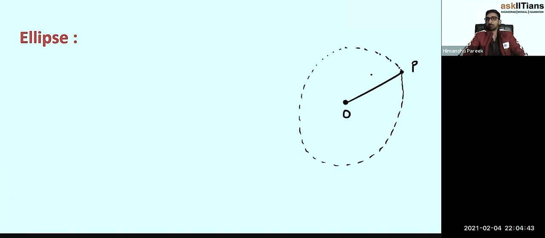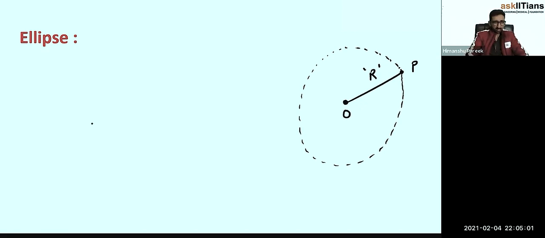If a particle moves in such a way that its distance from the fixed point remains constant, it is known as a circular path.